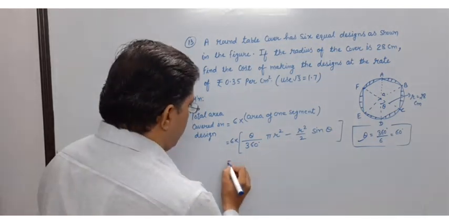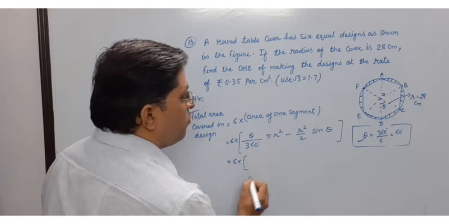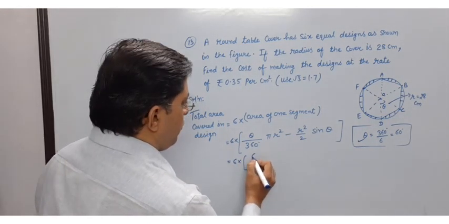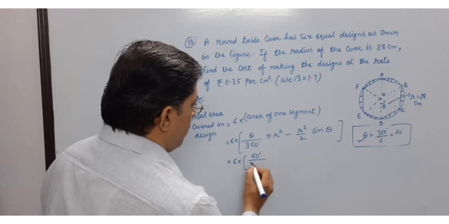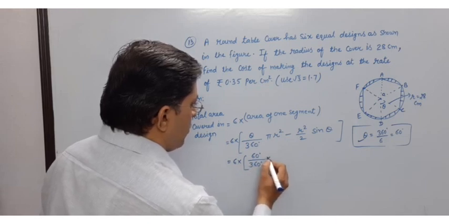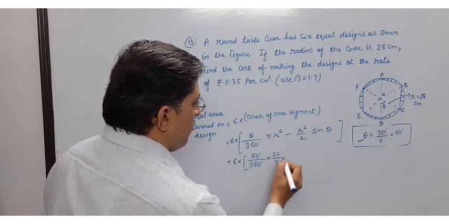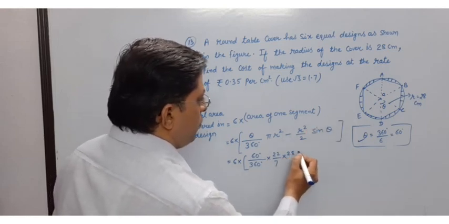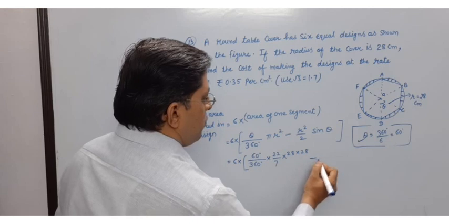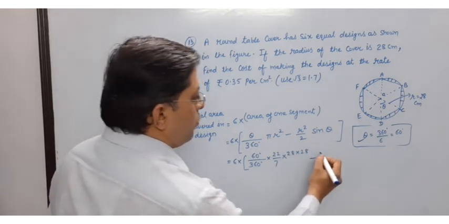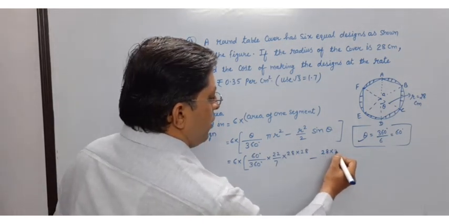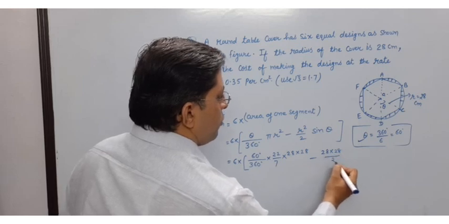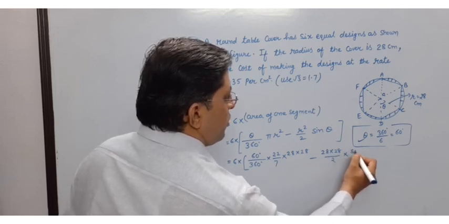So 6 into, theta is 60 degree upon 360 degree, pi value 22 upon 7. R is 28 into 28, minus r square upon 2, again 28 into 28 upon 2 into sine 60 degree.